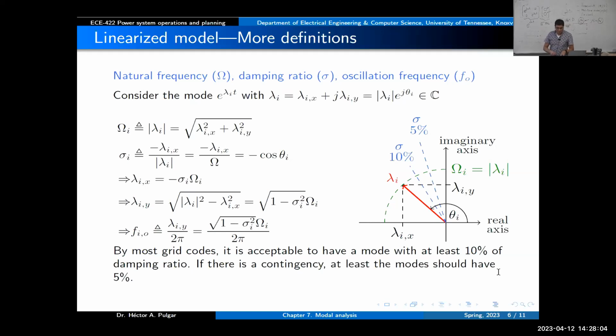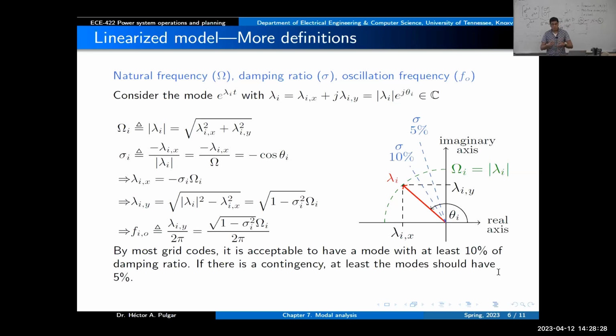Final definition, and we're done with this set of definitions, and we will look at the example and apply all of this. We need to define an important thing, because most of the grid codes we have in the power system out there pay attention to the damping ratio. What is the damping ratio?